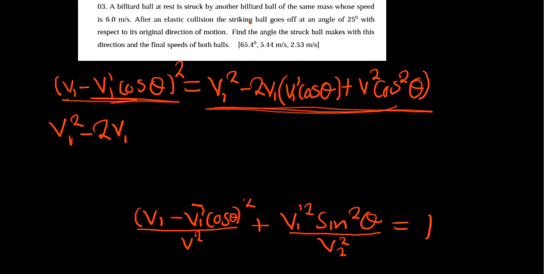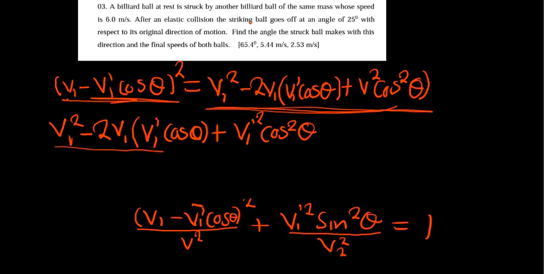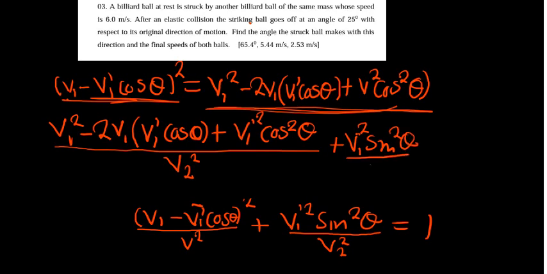Must keep in mind that this is just v1 initial because it doesn't have a prime, multiplied by our v1 final cos theta, plus our v1 final squared cos squared theta, everything divided by our v2 squared, plus our v1 final squared sine squared theta divided by our v2 squared, which is equal to 1.